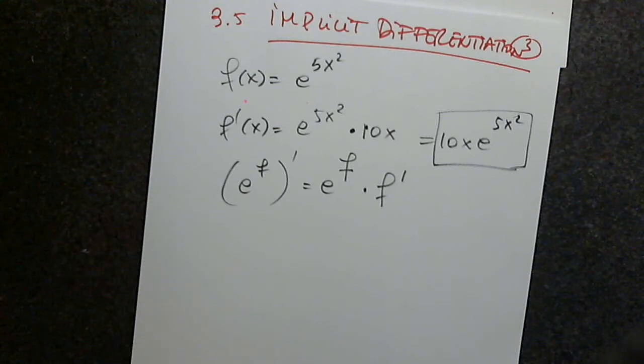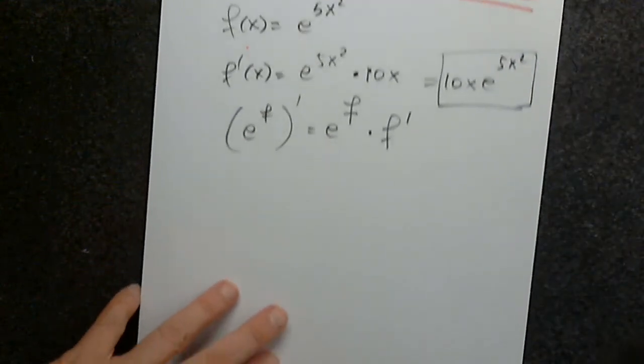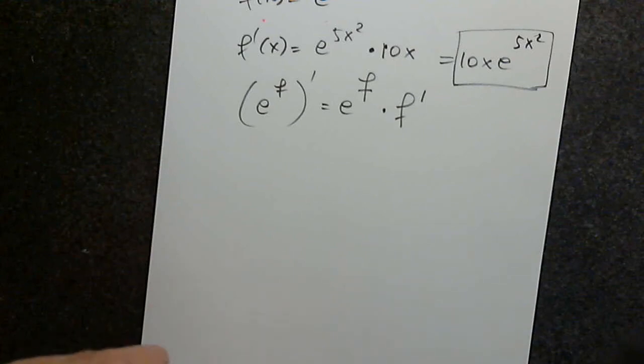Why are you doing this? And my answer is, I just wanted to say that in this example, I am given the function directly. The function is given to me. It's either f of x or y equals whatever, but it's given directly. Okay. Now, look at the following scenario.